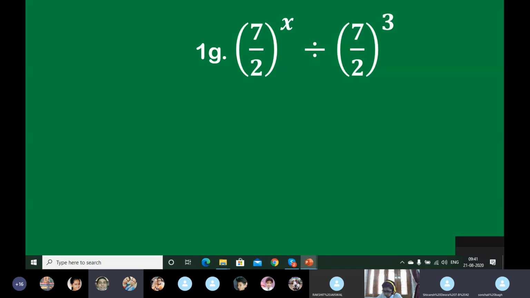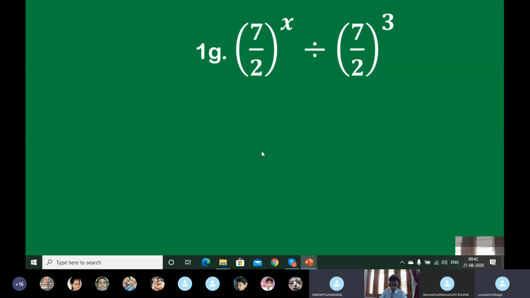It is dividing, the bases are the same, 7 upon 2 to the power 3. The bases are not integers this time, they are rational numbers.